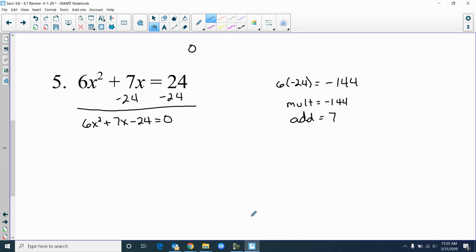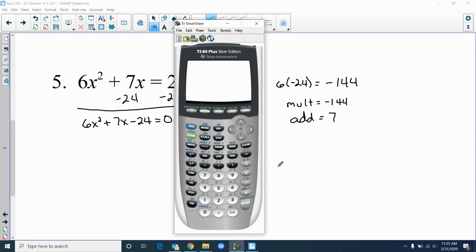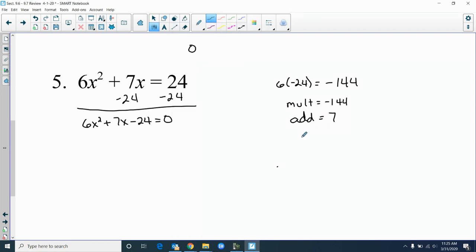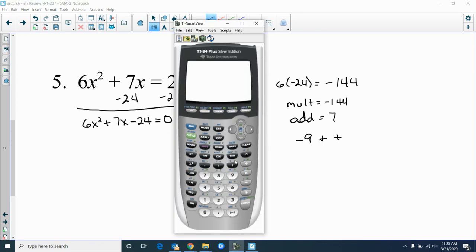All right, this is going to be a little bit more difficult. I'll give you a clue. If I remember right, I believe one of the numbers is a -9. And if the first number is a negative, the second number has to be what? Positive, because you got to multiply to a negative. Well, here's how you test it. If I take a negative, I don't need to worry about the negative at this point.